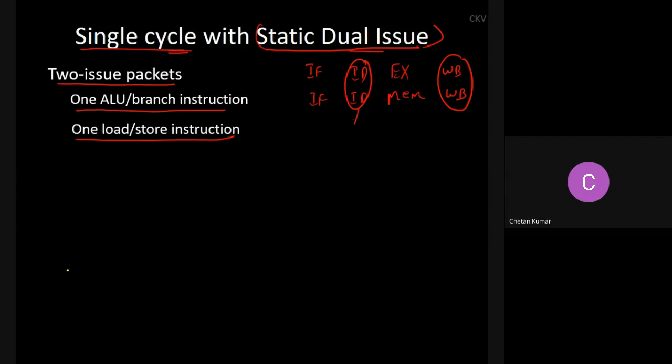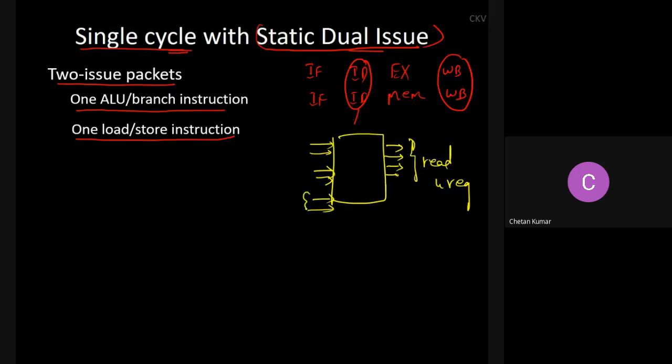Two accesses are allowed already. So what you might have to do is come up with some kind of register file where you will be able to read 4 registers at a time. Just like you read 2 registers at a time in the normal case, here you should be able to read 4 registers at a time, and you will be able to write into 2 registers at the same time.